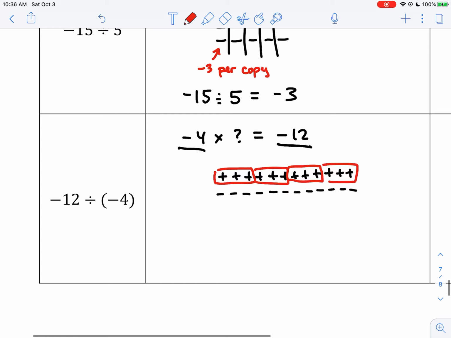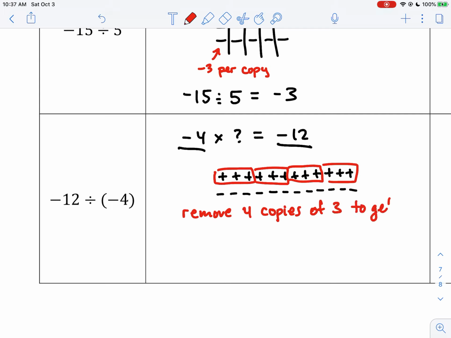Right? So what I just circled, we're going to remove 4 copies, right? That's what a -4 multiplier means to do. Remove 4 copies of +3 to get our -12.